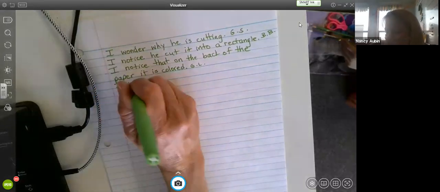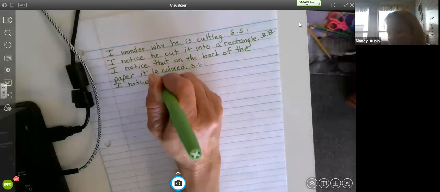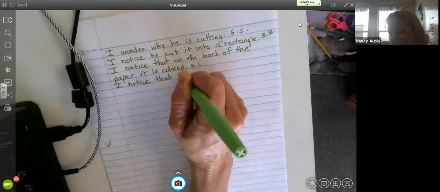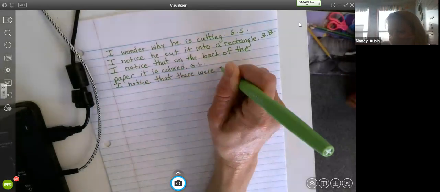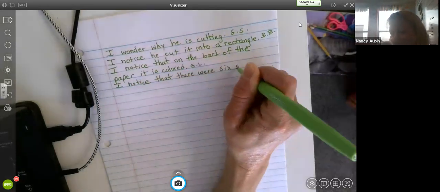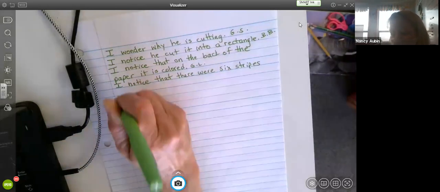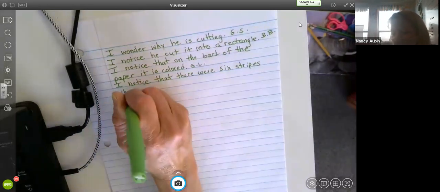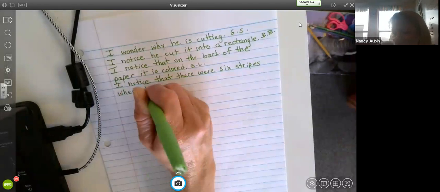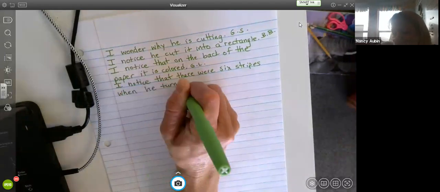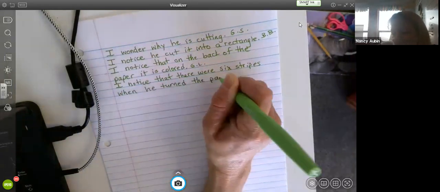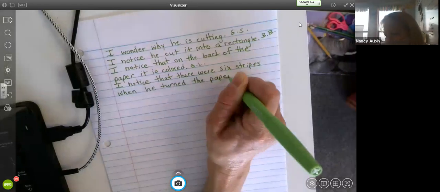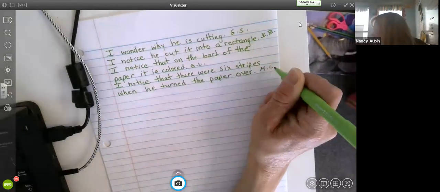That's definitely using your math brain. I noticed that there were 6 stripes when he turned the paper over. Thank you, Marin. Great observation.